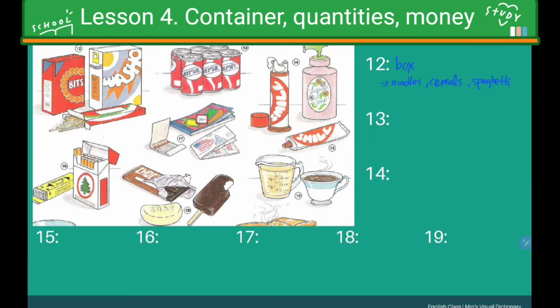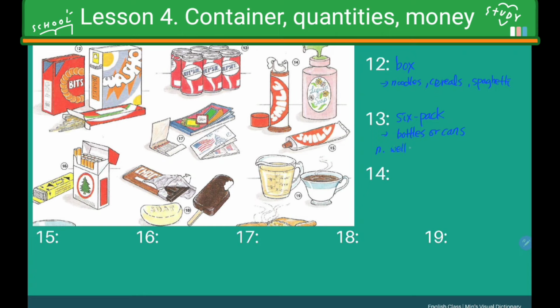And number 13 is cans of 6. And we call that six-pack. And usually for bottles or cans, and we also use this for human muscle, especially the well-developed muscles of a man's stomach.